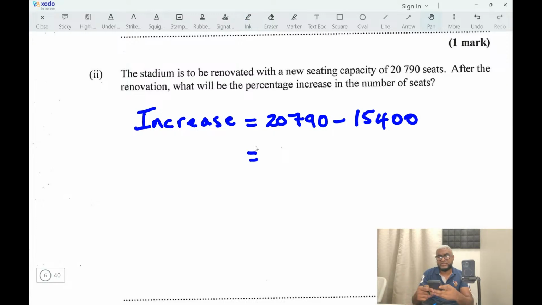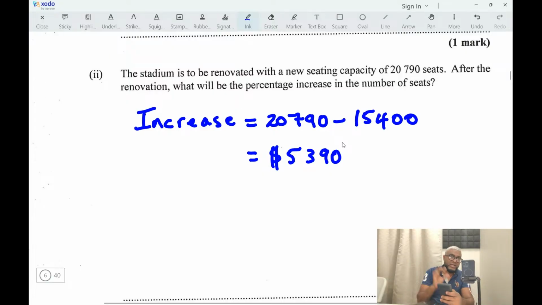When I minus this, what would I get? 20,790 minus 15,400 would give me 5,390. This is how much the seating capacity increased by. Now we need to find the percentage increase.